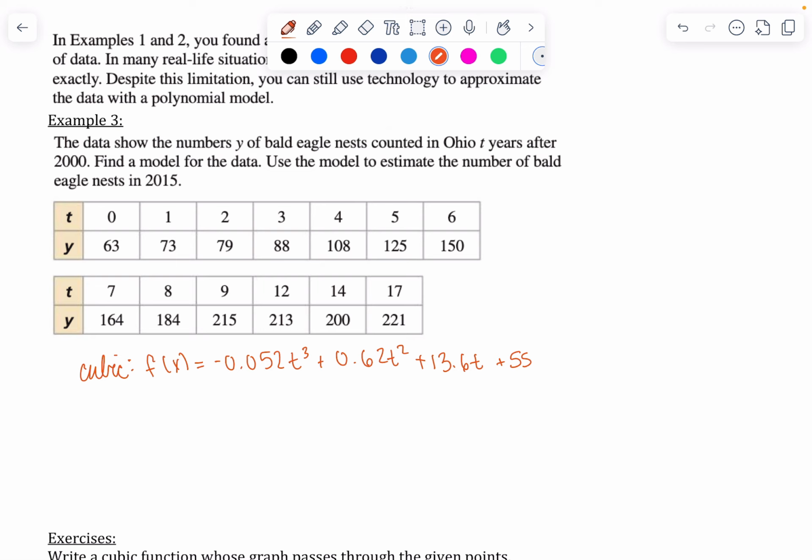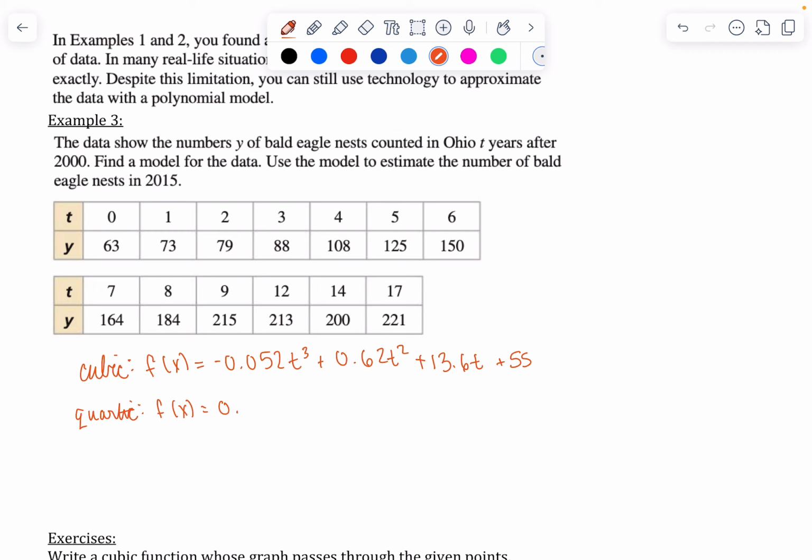Let's see what it would be if we did a quartic. So menu, analyze, regression, quartic. For a quartic, we would get f of x equals 0.